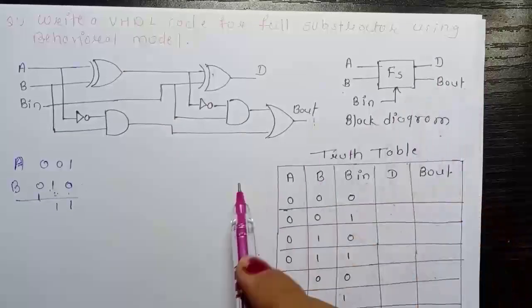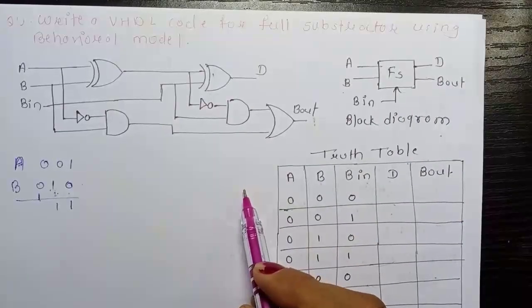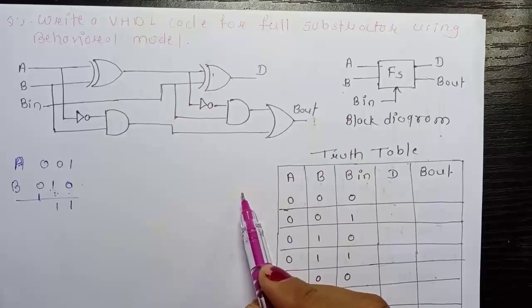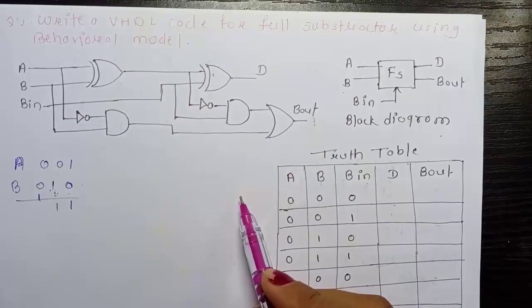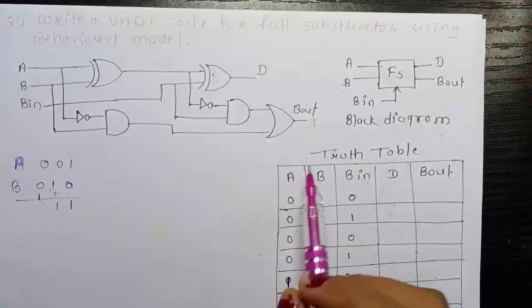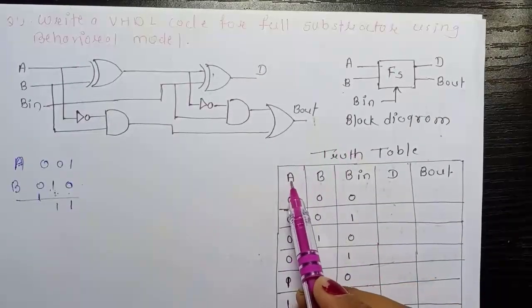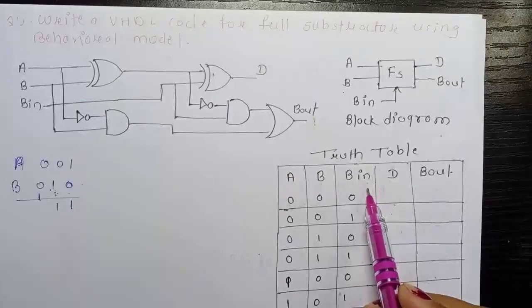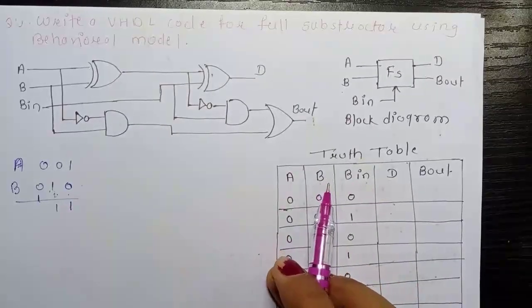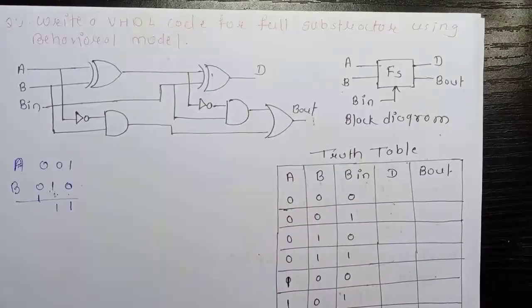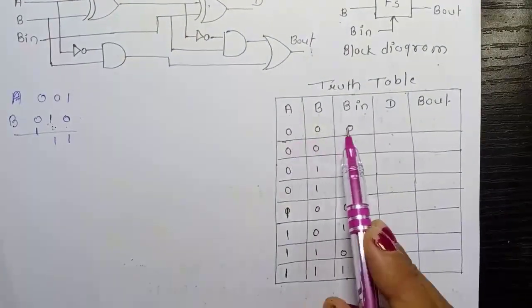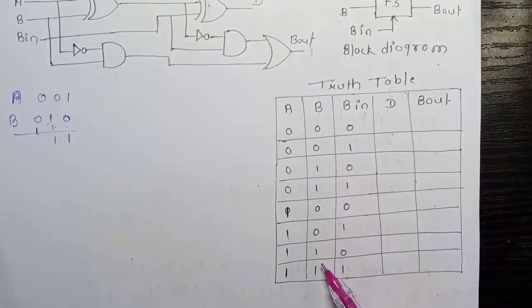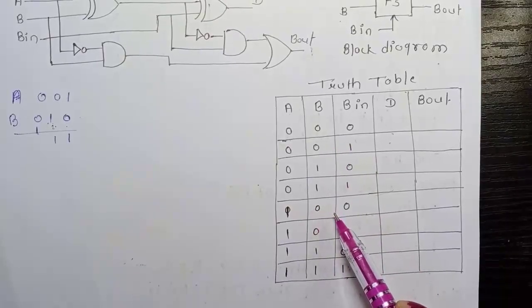So to design this functionality using behavioral model, we are going to consider the truth table for full subtractor. So here I am taking the truth table for 3 input variables, that is A, B and borrow in. So totally, as you are having 3 inputs, there are 8 possible combinations, that is 0 to 7.